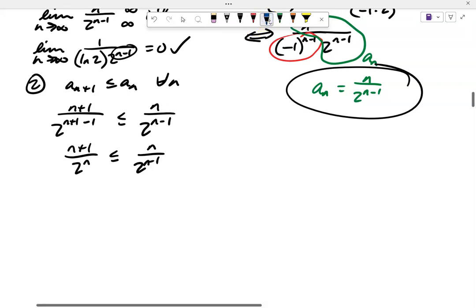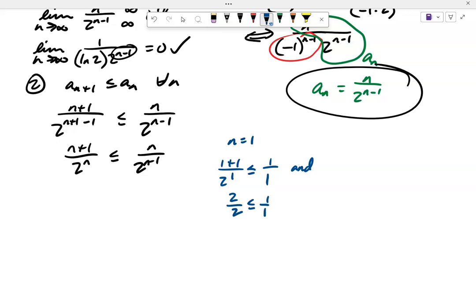Maybe it's hard to see, so let's say if n is 1, then I'd have 1 plus 1 over 2^1. Is that less than or equal to 1 over 2^(1-1), which is 2^0, or 1? That's for n being 1. In other words, is 2 over 2 less than or equal to 1 over 1? That's true, right?